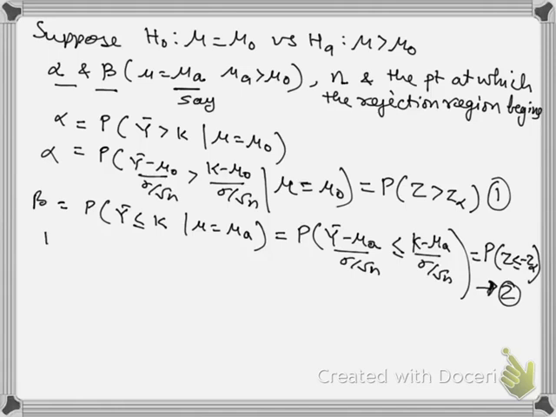So k minus mu naught over sigma by square root of n is equal to z alpha, and k minus mu a over sigma by square root of n is negative z beta, sorry, it should be beta. Let me just erase it. So now we have these two equations. We can solve both of them simultaneously for k.